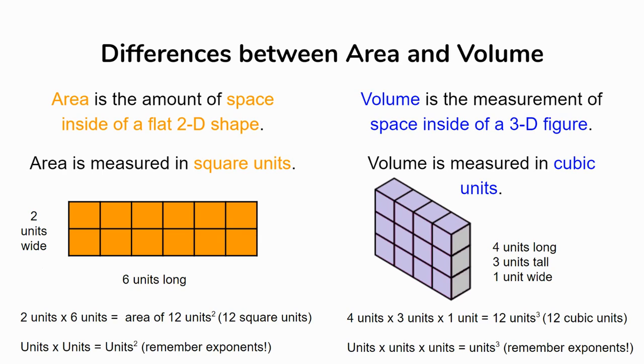For cubic units, we have an exponent of 3, and that's because we're multiplying 3 dimensions. Units times units times units is units with an exponent of 3. A nickname for anything with an exponent of 3 is cubed. So we'd say 12 cubic units or 12 units cubed. They mean the same thing.